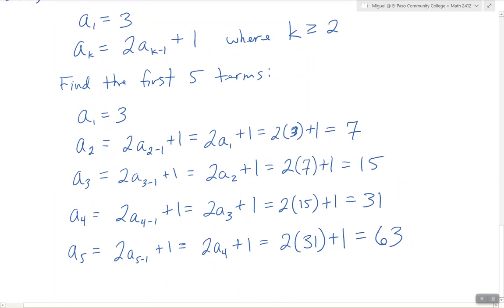So that's what they mean by a recursive sequence. They'll give you, in this case, the first term, and then a formula for finding terms A sub 2 and forward, right?